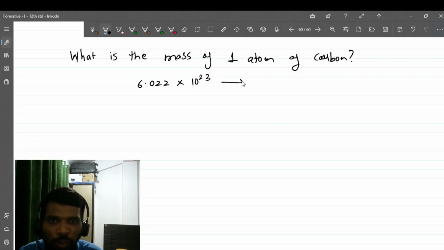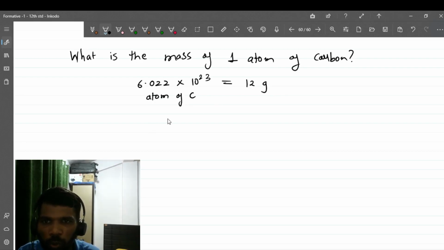These many atoms will weigh 12 grams. So 6.023 into 10 raised to 23 atoms of carbon weigh 12 gram. So what is the mass of one atom of carbon?